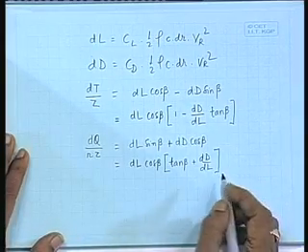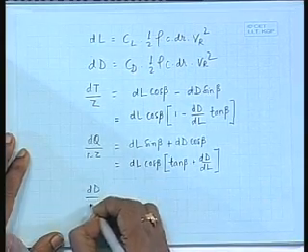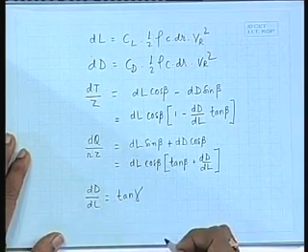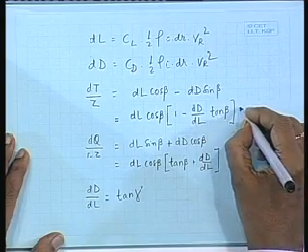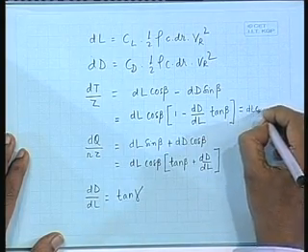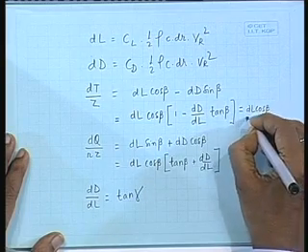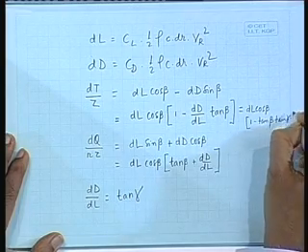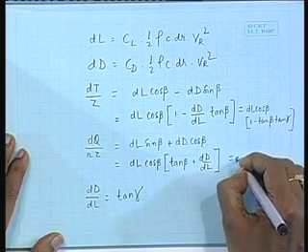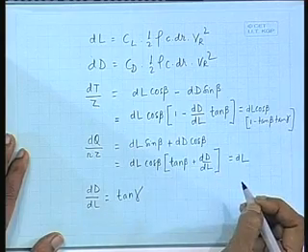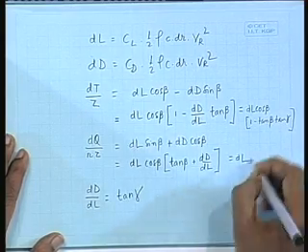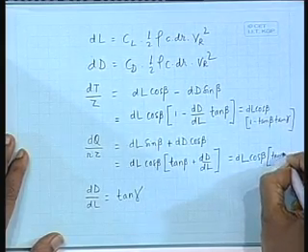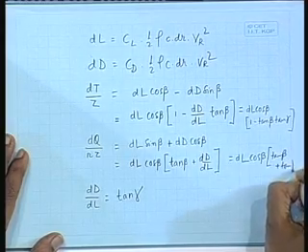Now, if I say drag to lift ratio is a constant, say tan gamma, then I can write this as dL cos beta into 1 minus tan beta tan gamma, and this is equal to dL cos beta by tan beta plus tan gamma, right.